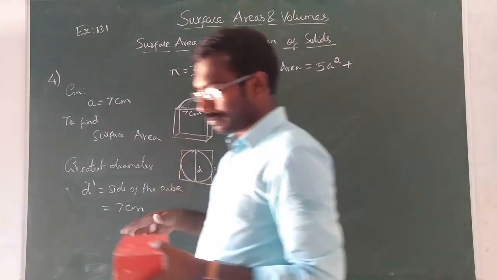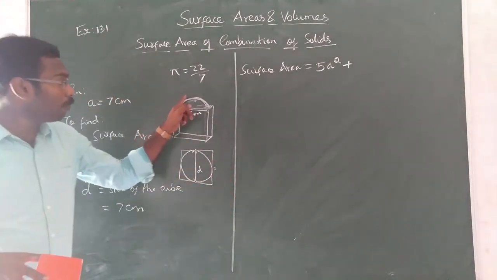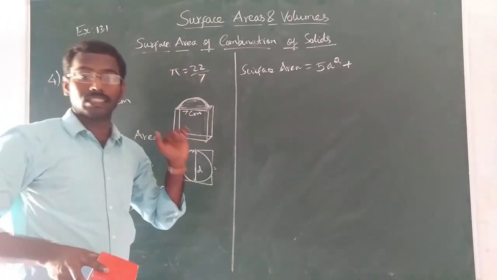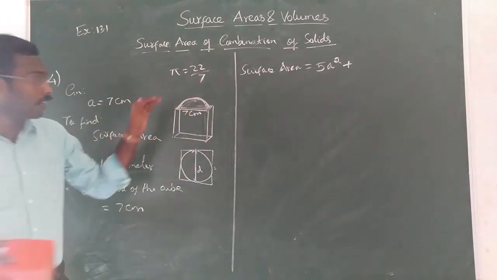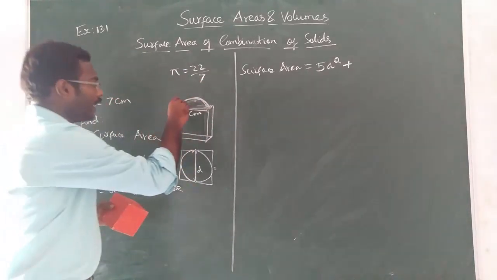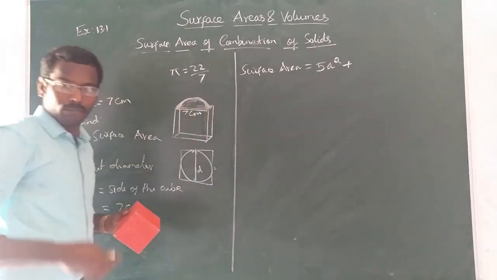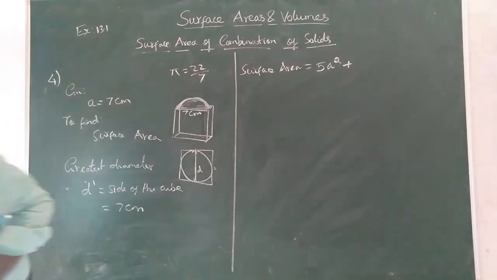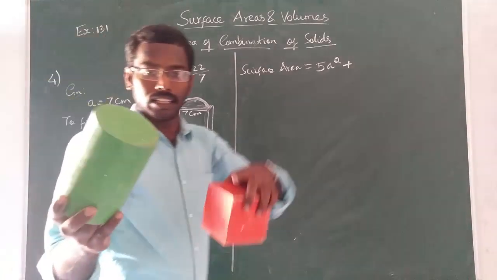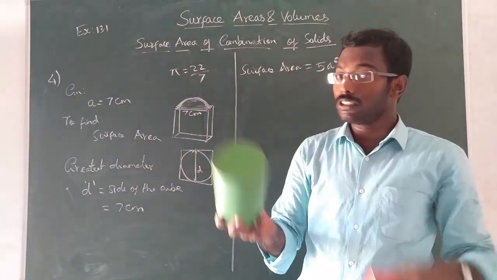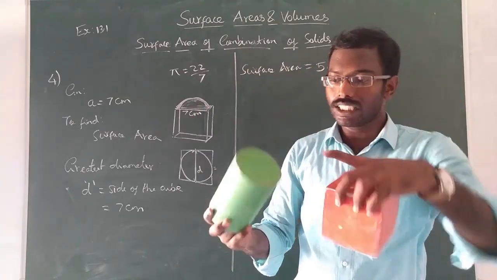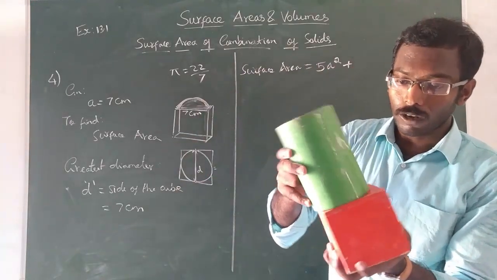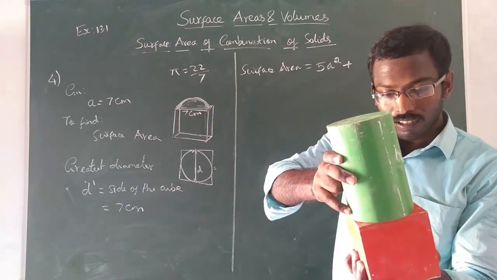Now, look at this top. The top is mounted by a hemisphere. You know, for a hemisphere only the curved part will be visible, isn't it? Because the circle is attached inside. For example, if this is a cylinder, you simply take 2 pi rh plus pi r square plus pi r square. But now it is attached here. Now this circle goes inside.